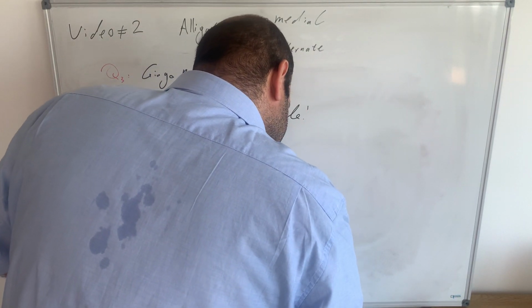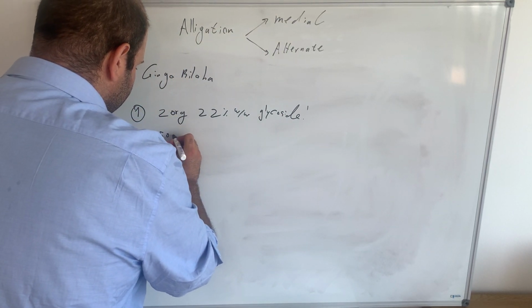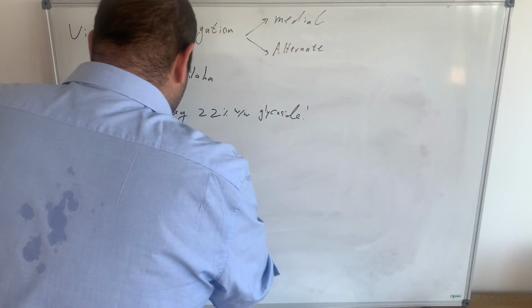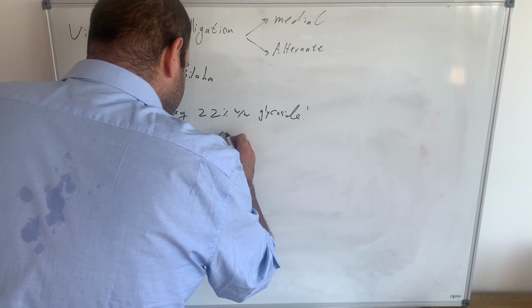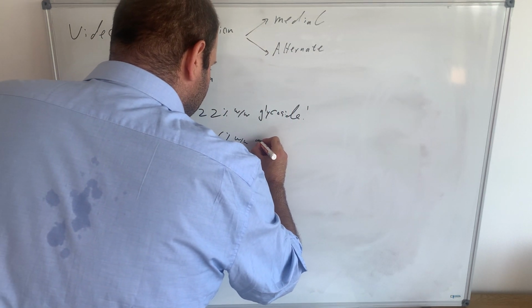The second batch contains 150 gram of 26% weight per weight glycoside.